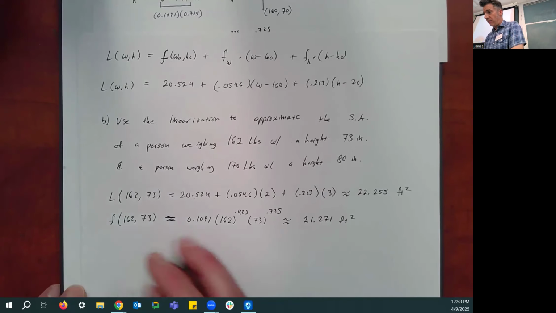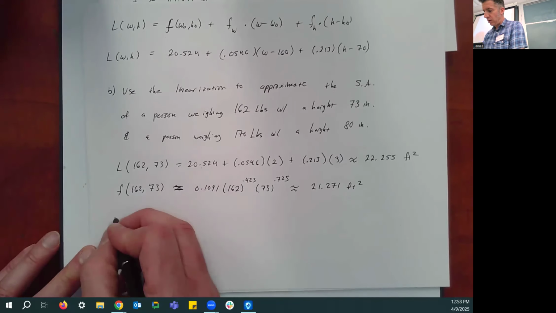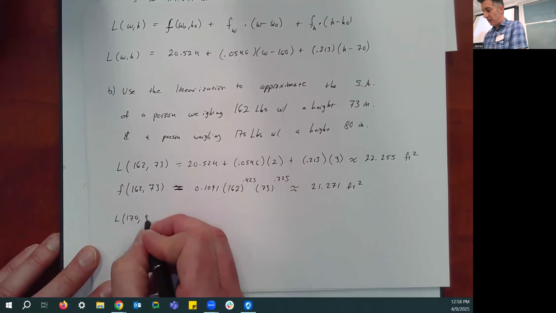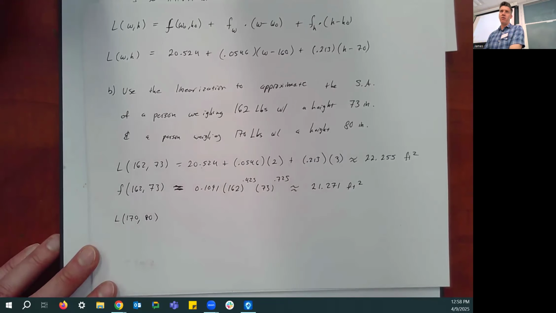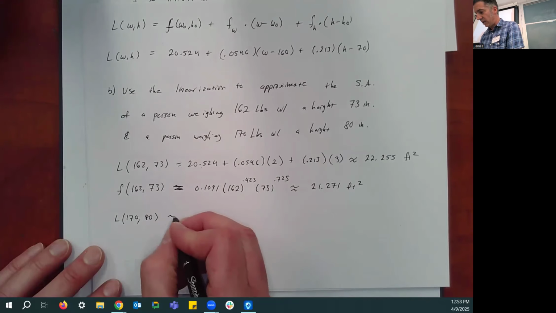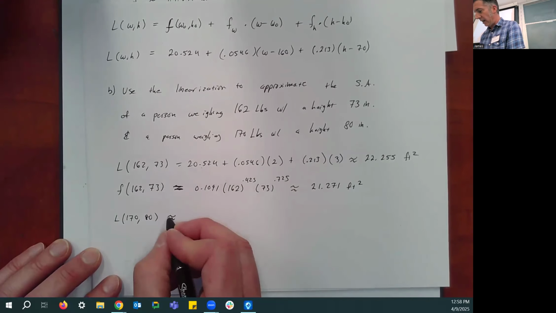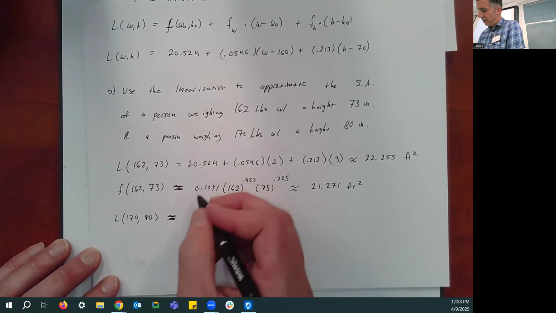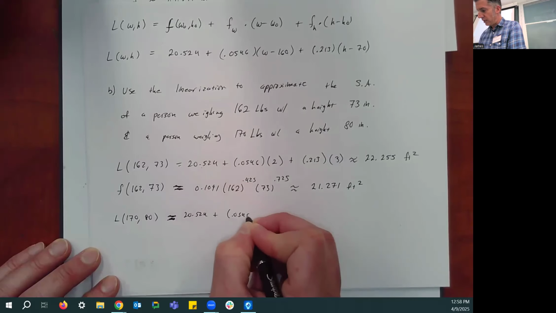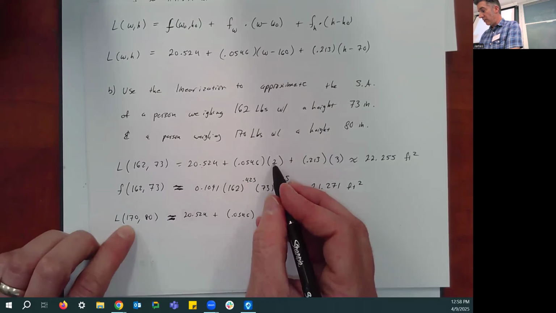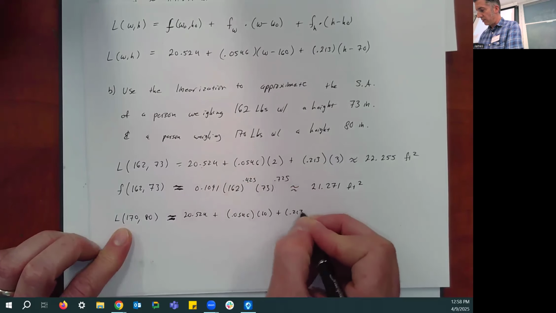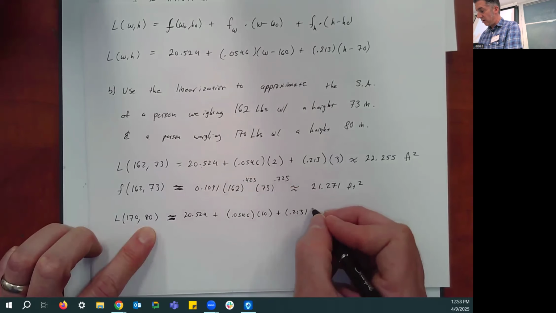On the other hand, if we look at the other values we mentioned, the linearization when the weight's 170 and the height is 80, all right, I'm not going to write it all out. Writing it out doesn't show you anything, right? Let's just say what it is. It's approximately, I lied. I should write it out. Sorry. It's 20.524 plus 0.0546 times 170 minus 160, which is 10, plus 0.213 times 80 minus 70, which is also 10.